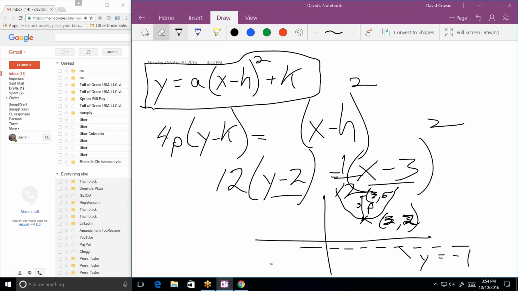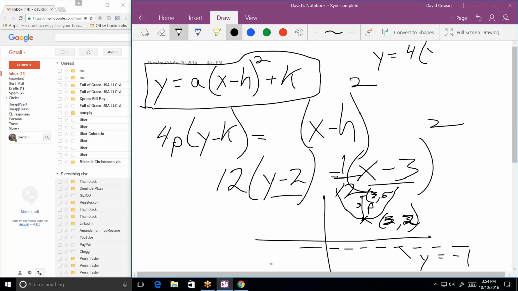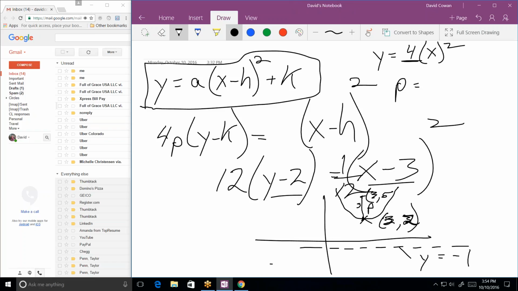Let's say I gave you y equals 4 times x squared. What's P? 1/16, because A, which is 4, equals 1 over 4P.